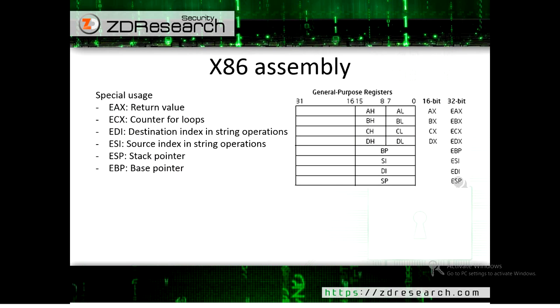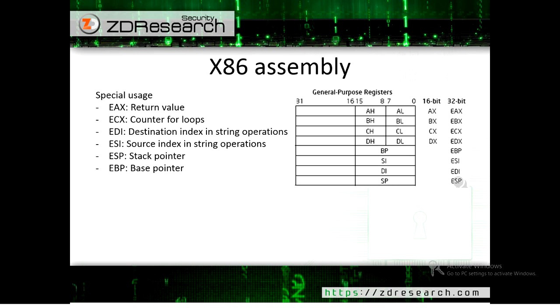When you write a for loop, the compiler most of the time uses the ECX register as the counter. Of course, the ECX register has another special usage in object-oriented code that we will cover in later chapters, for storing the this pointer.